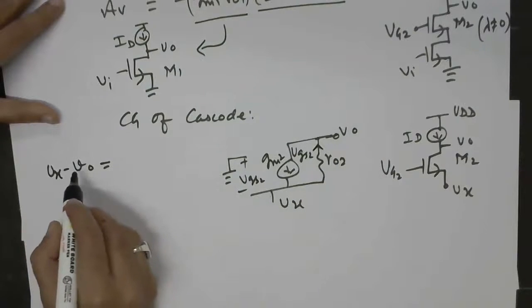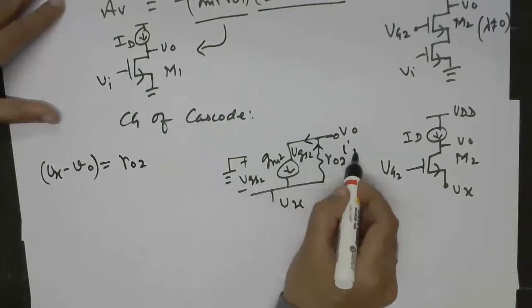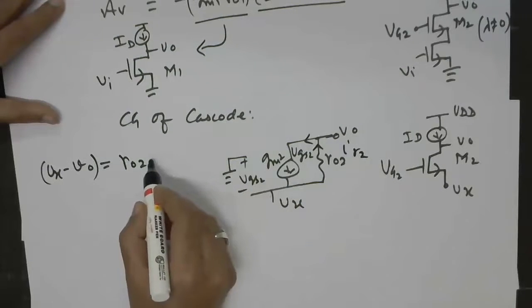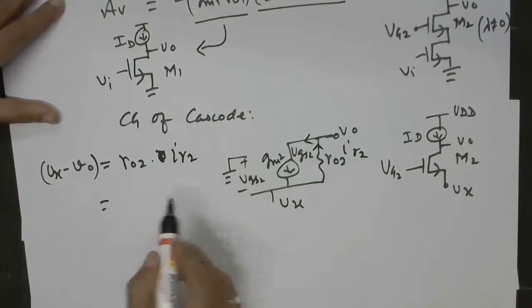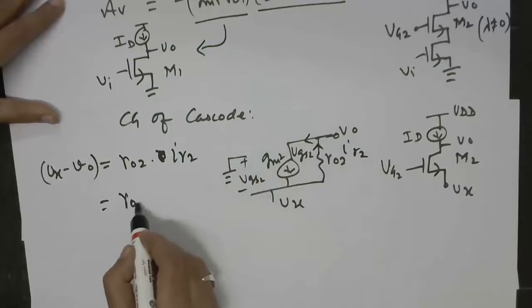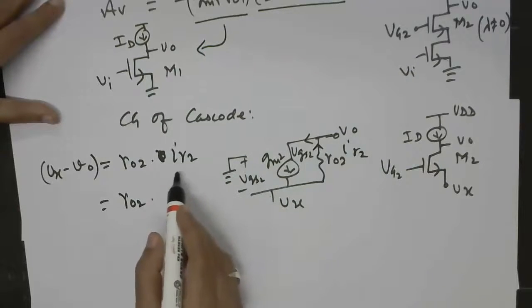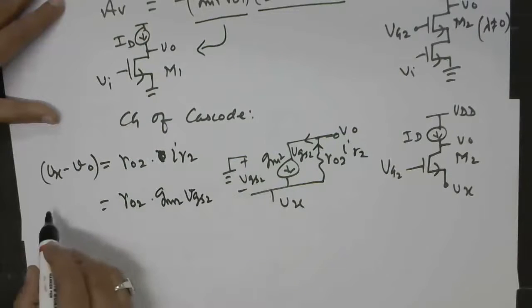Vx minus VO is going to be R02 into this current, say IR2, and this IR2 you can see is GM VGS2. So R02 IR2 is basically GM2 VGS2.